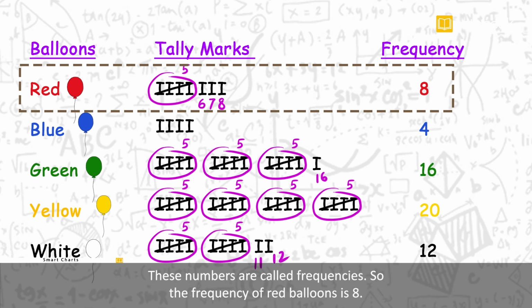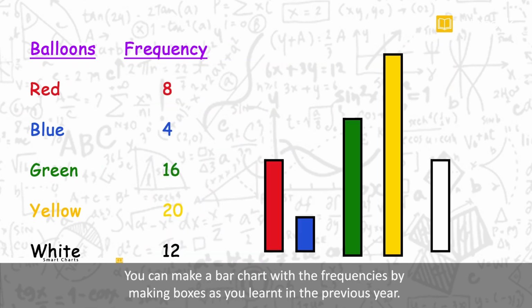These numbers are called frequencies. So the frequency of red balloons is 8. You can make a bar chart with the frequencies by making boxes as you learnt in the previous year.